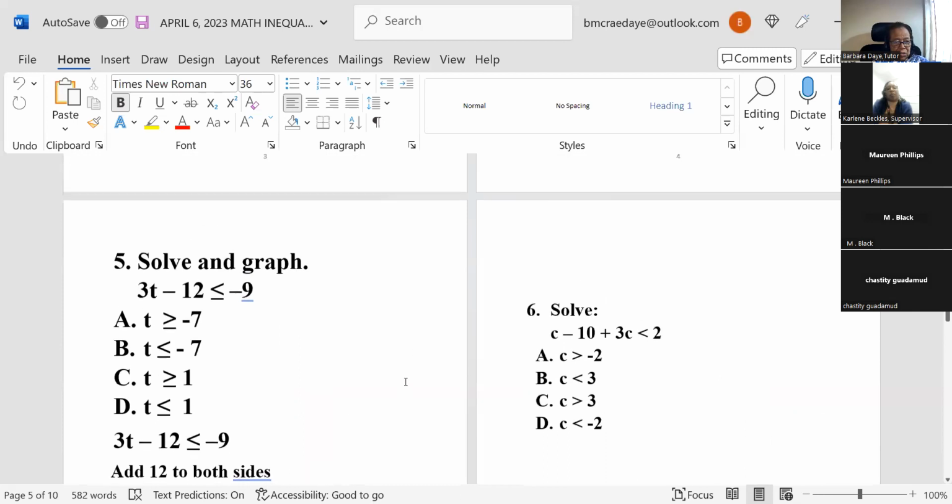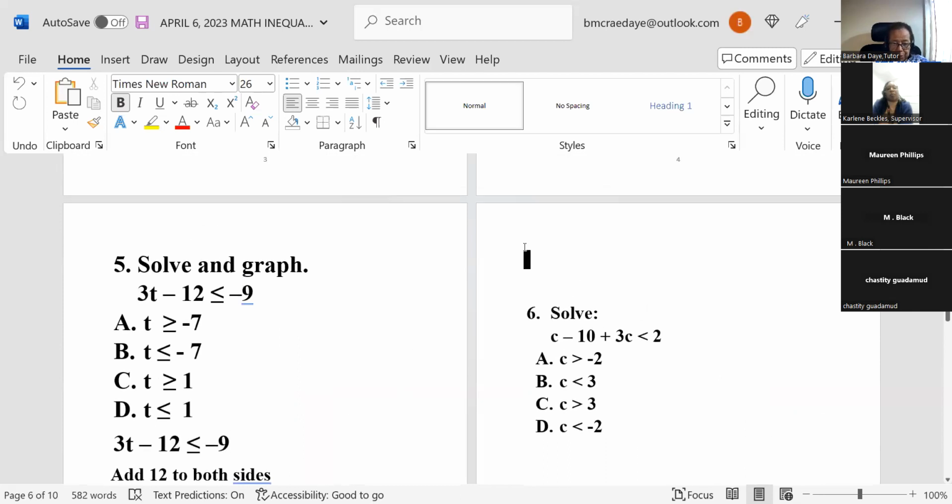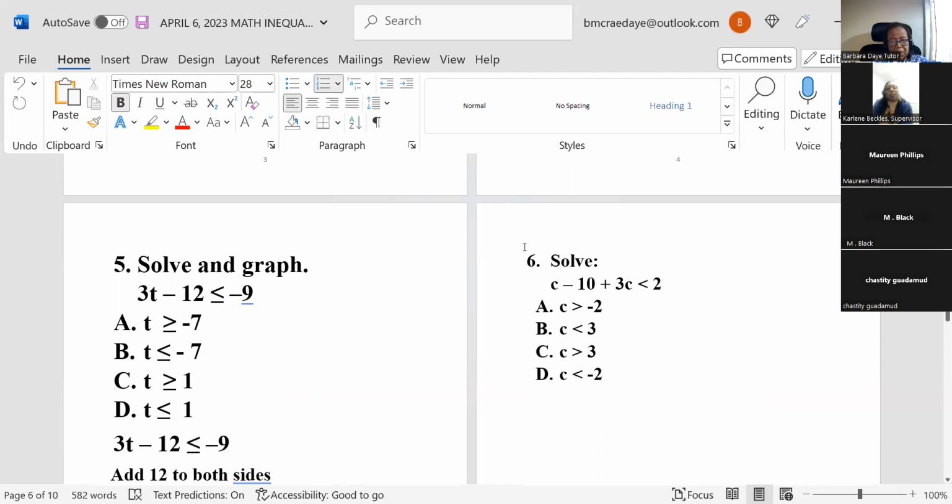All right, Mercedes, then you can do number 6. Take your time. Now, notice here, you've got your variables on both sides, so you need to first combine them, right? You've got a minus 10 on the left, you need to get it on the side with the 2. So do those 2 steps, combine your variables, get the 10 on the side with the 2, and then tell me what answer you get. So I'm going to add 10 on both sides.